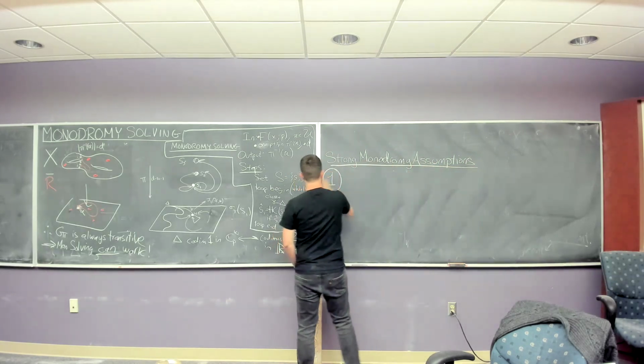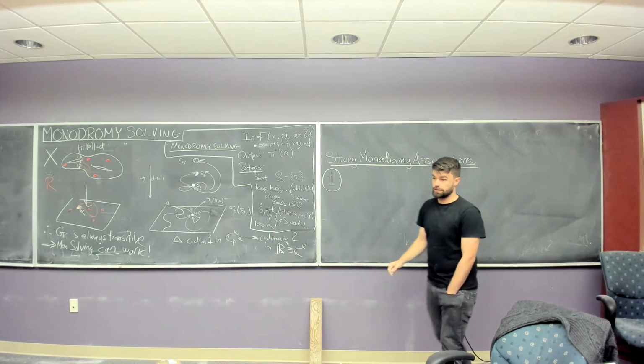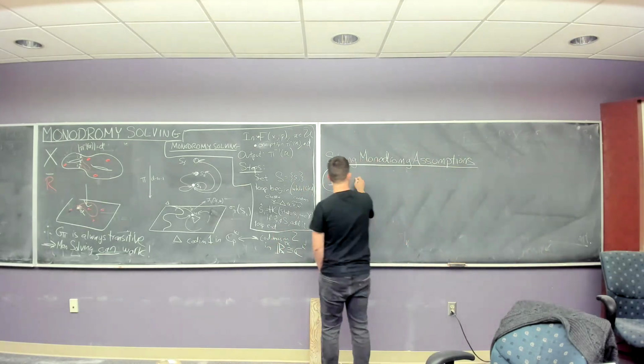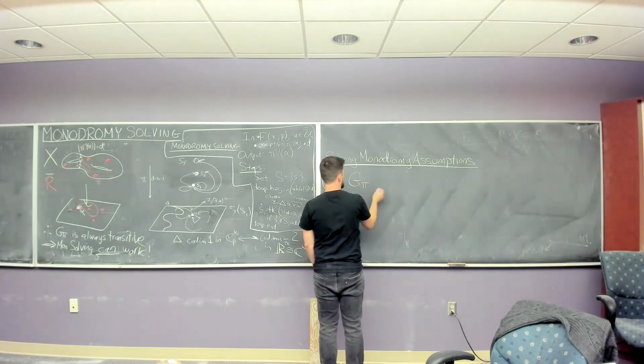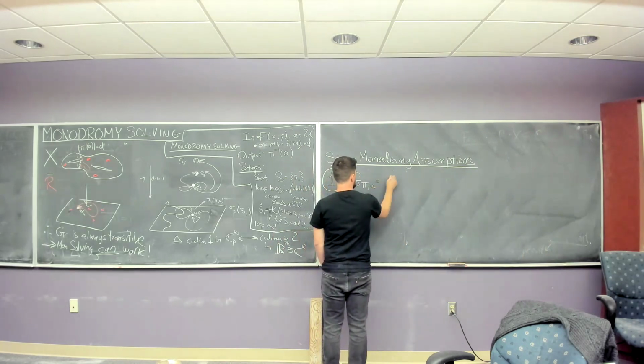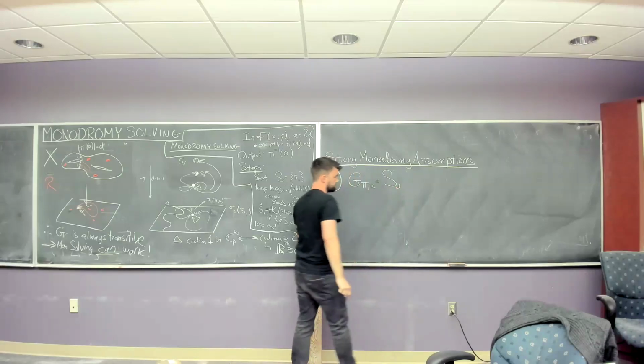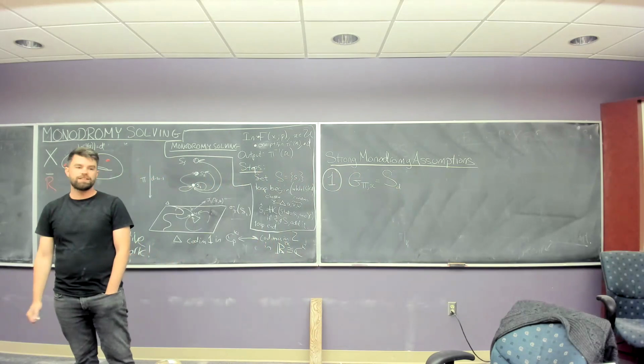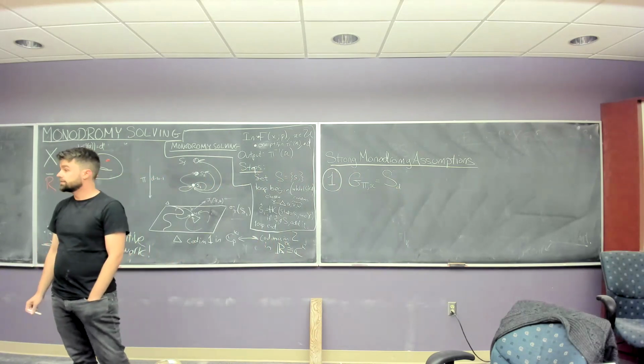One will seem like the strongest. It is the weakest, because you actually know that one holds in a lot of situations. The monodromy group is the full symmetric group. That may seem a little wild. It's really not.